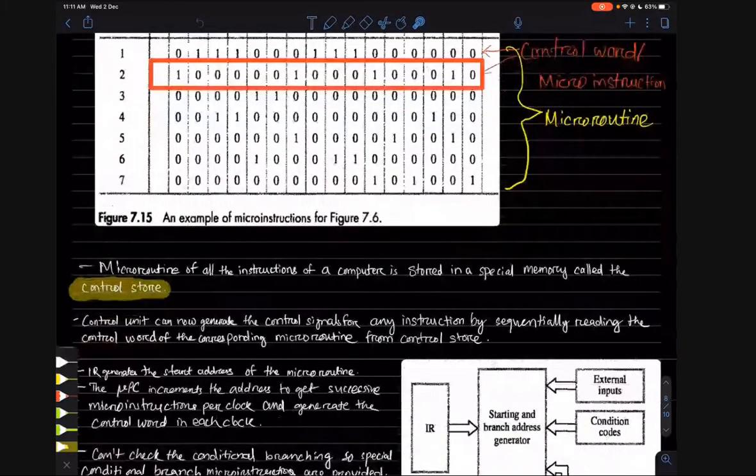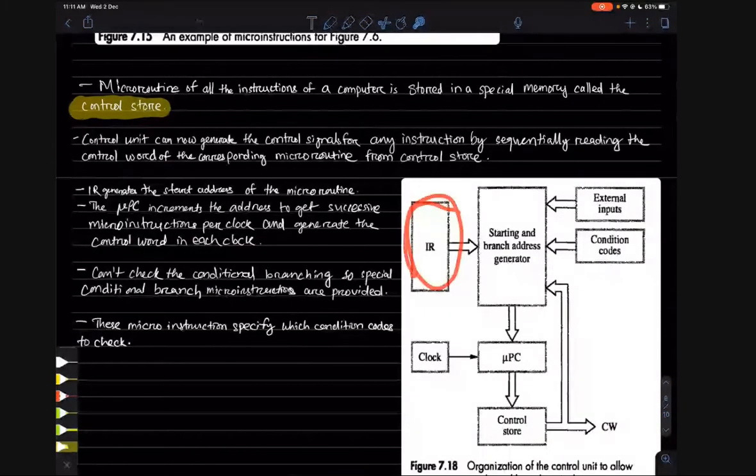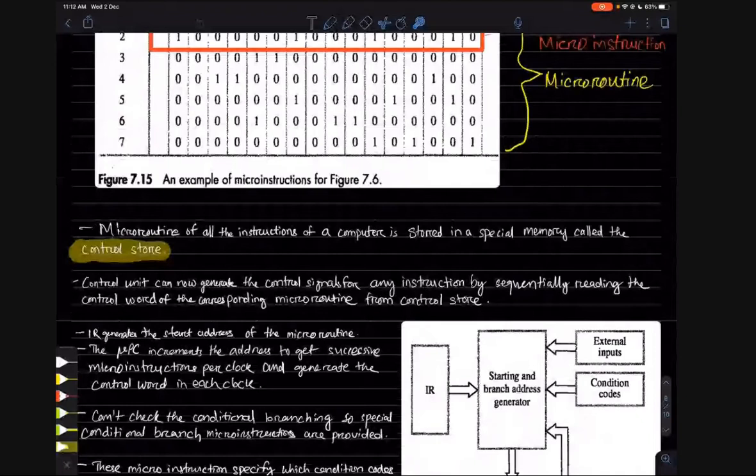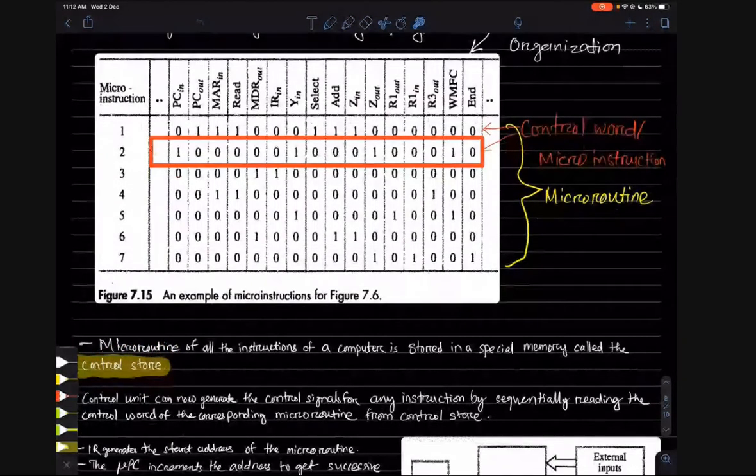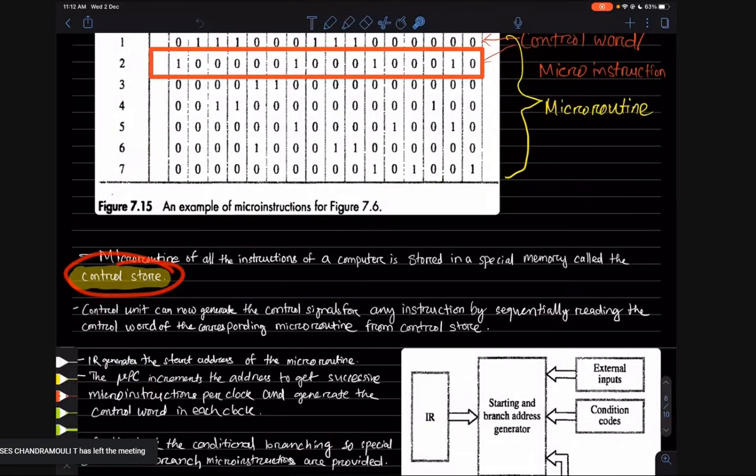So whenever the instruction register sees an operation like addition, subtraction, multiplication, whatever it is, it will send the starting address of the micro routine. You can call it a function. It will just call the addition function, which consists of all these micro instructions, present in the special memory called the control store.